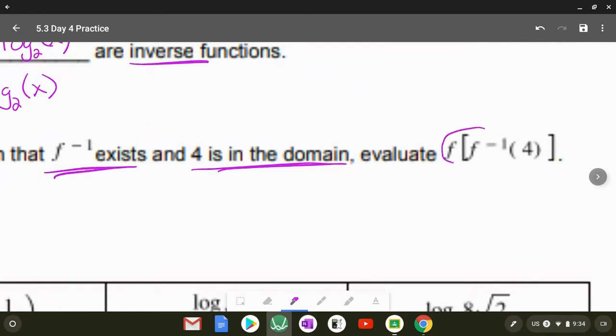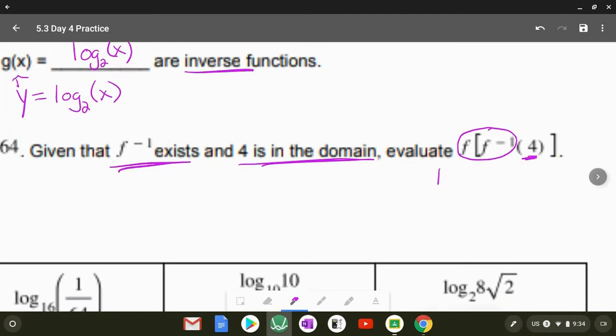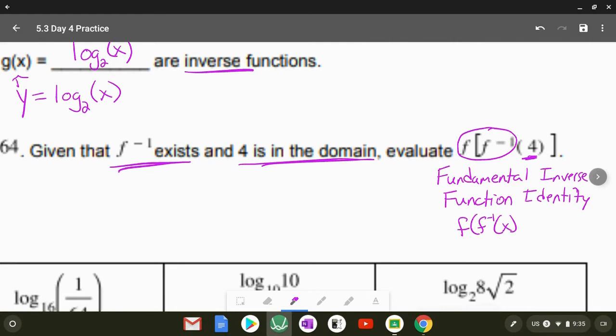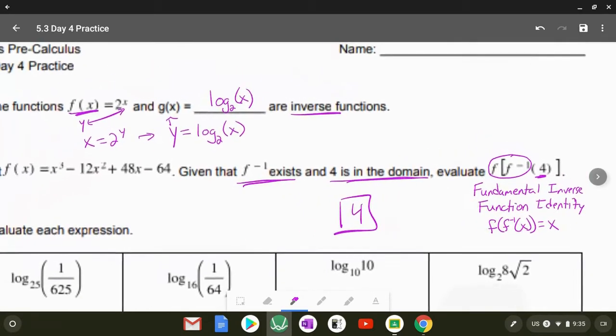Well, we know because the inverse exists and we're taking the composition of its inverse and 4 is in the domain, we can just use the fundamental inverse function identity, which tells us f of f inverse of x is just equal to x. Again, as long as x is in that domain. So we can just say that this answer is 4. Just a little quick review about that property.